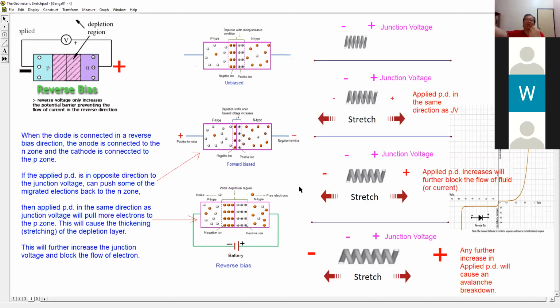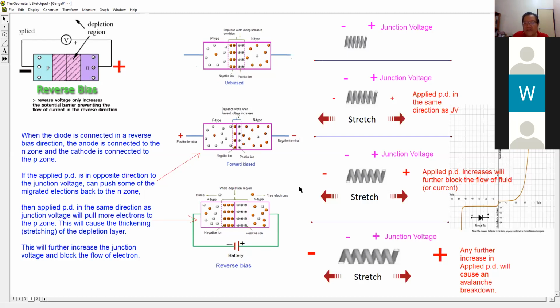When the electron moves into this silicon atom, this silicon atom becomes negatively charged, so it becomes a negative ion. Whereas for the silicon atom on the other side, when one electron leaves this silicon atom, this silicon atom becomes a positive ion. That is what they mean. Okay, thank you, sir.